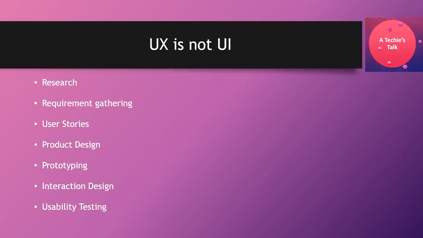Before starting our page for development, we first need to figure out what controls need to be there and where we need to place them. There should be interaction design. Usability testing will be done in the UX phase itself.